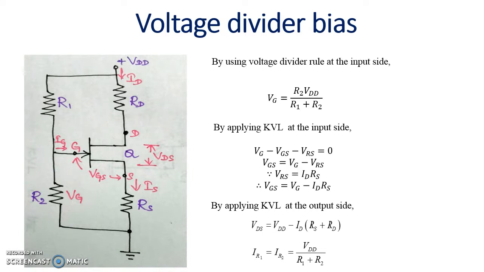Here we have a voltage divider formed by R1 and R2, which is connected at the input side of the FET. By applying voltage divider rule at the input side, the gate voltage Vg is equal to R2 into VDD divided by R1 plus R2.